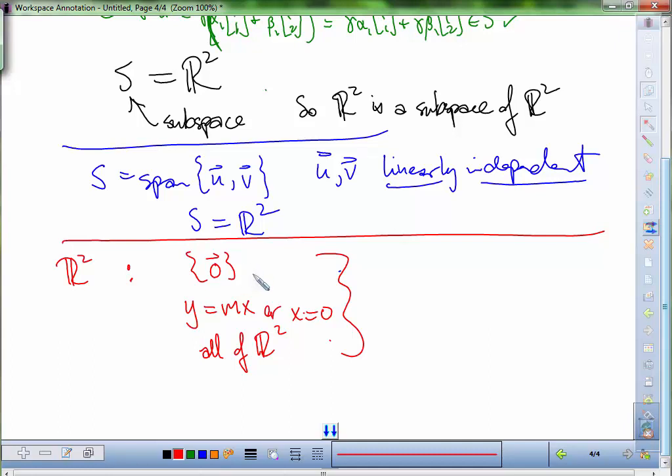So we have a zero-dimensional subspace, a one-dimensional subspace, or a two-dimensional subspace. And those are the only possible subspaces we have for R2. Yes. So a subspace has a dimension equal to or below the vector space that you're looking at. Okay?